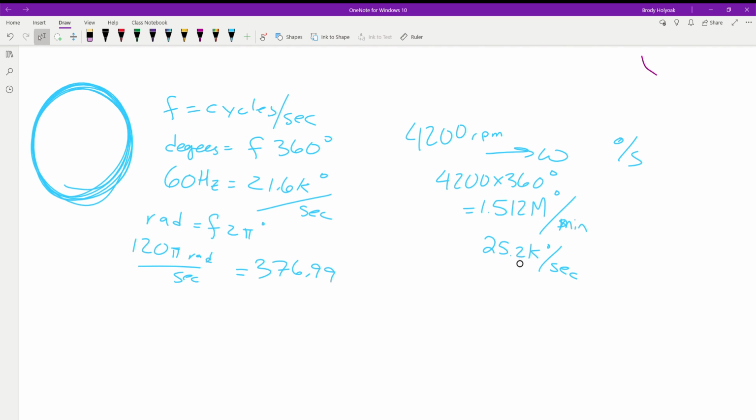How many degrees am I traveling per second? How fast can I travel? Because that's how a lot of motors are rated. They're rated in how fast you can go before they blow themselves apart. So obviously engines can handle going this speed because they do it all the time. There's a lot of rotations.